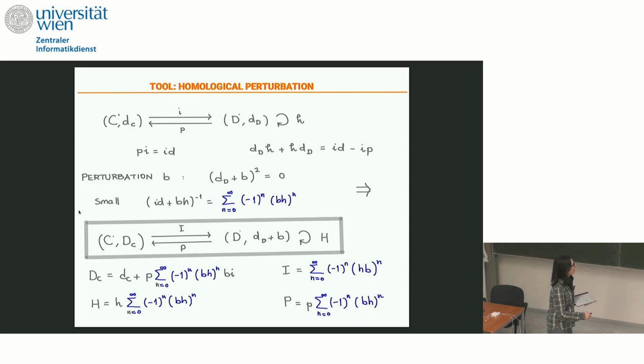And I don't want you to focus too much on formulas, but I just want to show you that you really have explicit formulas to write down the perturbed ones. So big H, the new homotopy, is given by the old one plus the new term, the perturbation term.